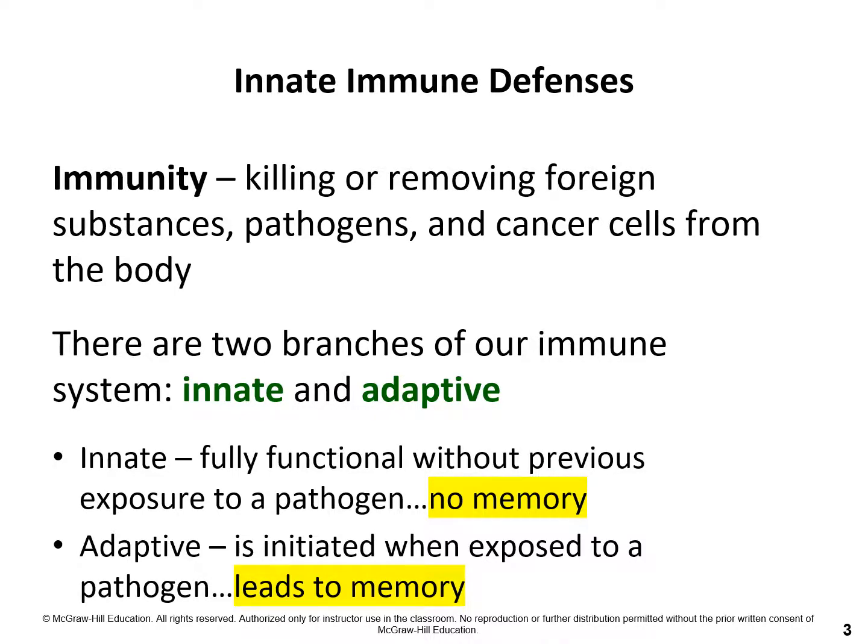There are two major branches of our immune system: the innate immune system and the adaptive immune system. The innate system is fully functional at birth. Without any previous exposure to specific antigens, this branch of the immune system serves to protect our bodies from the entrance of pathogens and foreign substances, or prevent them from causing disease.